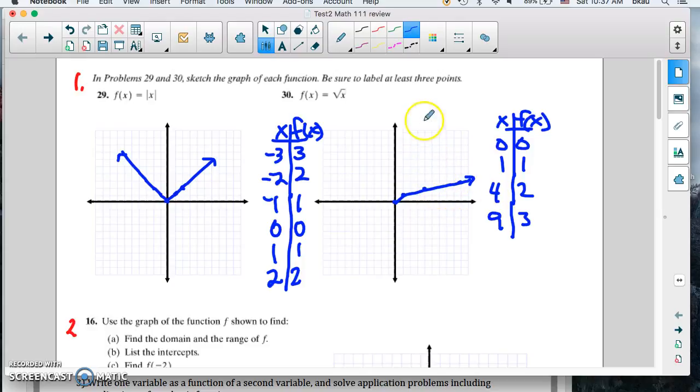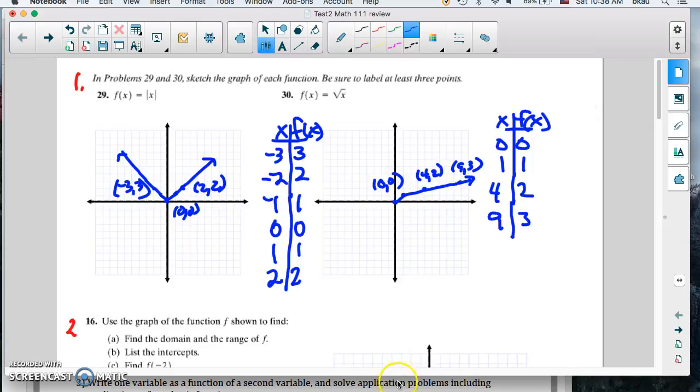You should have 3 points labeled, so you can have 4, 2 here, 0, 0, and 9, 3. On the absolute value one we could have 3 points labeled: 0, 0, 2, 2, and -3, 3 are 3 points that are labeled.